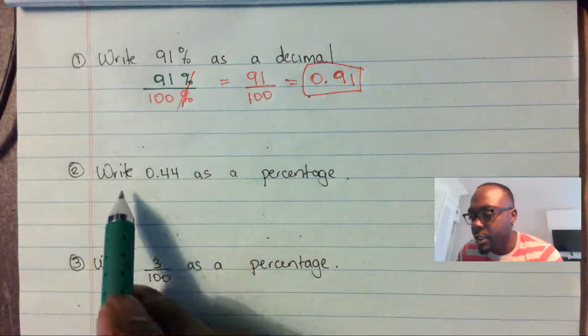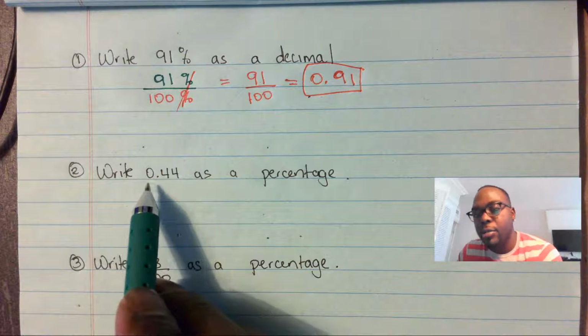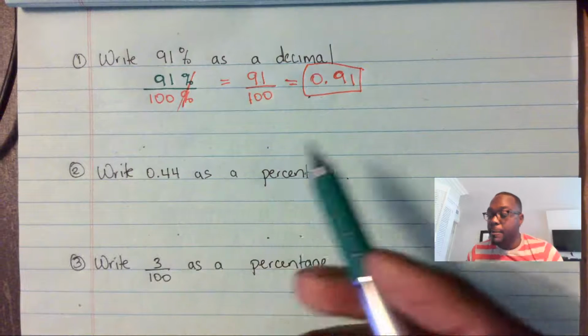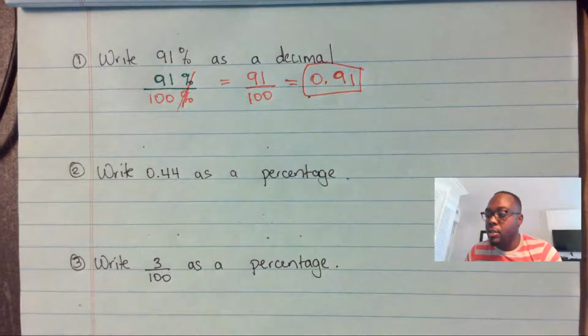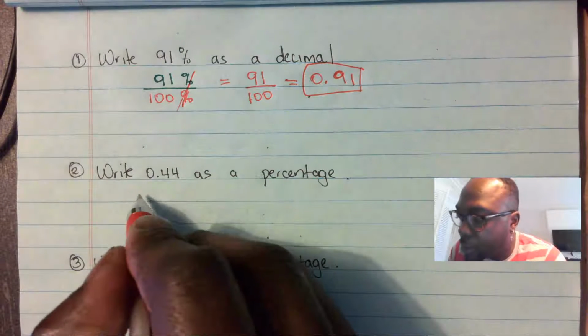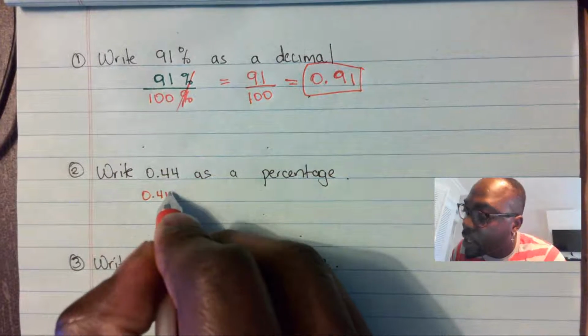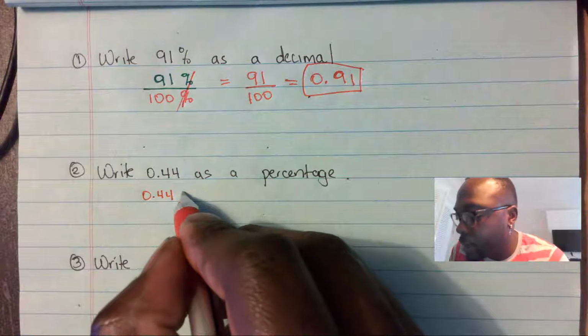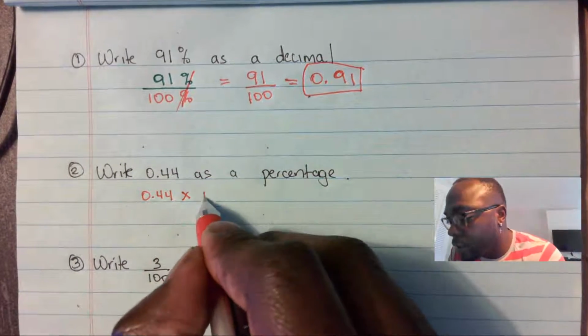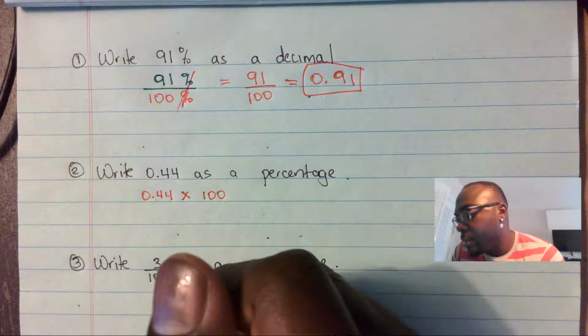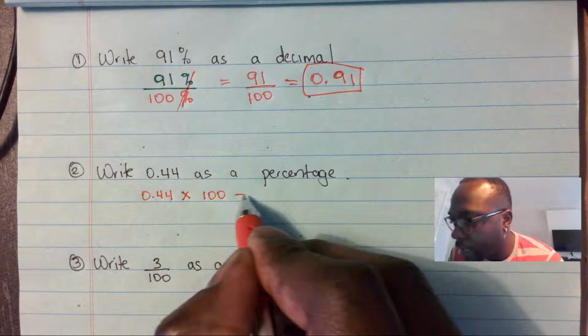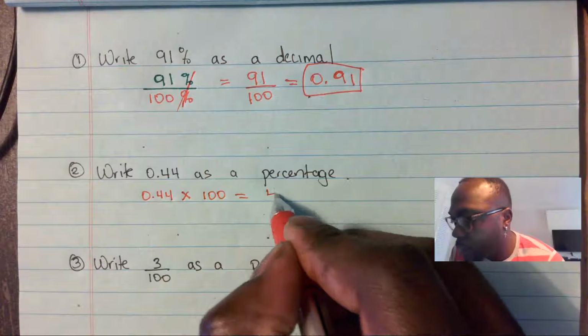Here it says write 0.44 as a percentage. One of the things that we can do is take 0.44 and multiply this number by 100, and it's going to give me 44.